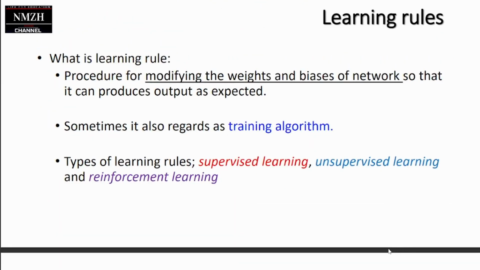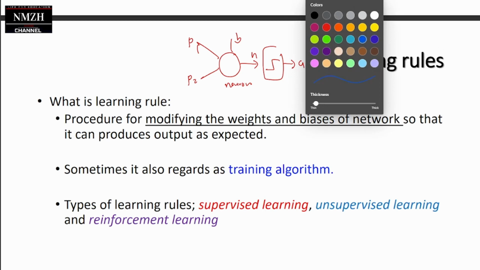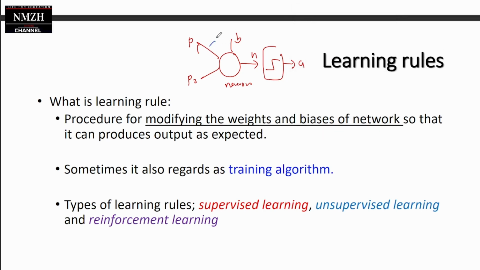Speaking of the learning rule, how does the network, or how does this neuron, learn by itself? This is P1, this is P2, this is N, and this is A. How do we modify the weight and bias of the network so that we can produce the output as expected? In layman's terms, the main objective is how we decide weight 1, weight 2, and the bias, in order to handle given input in the future.